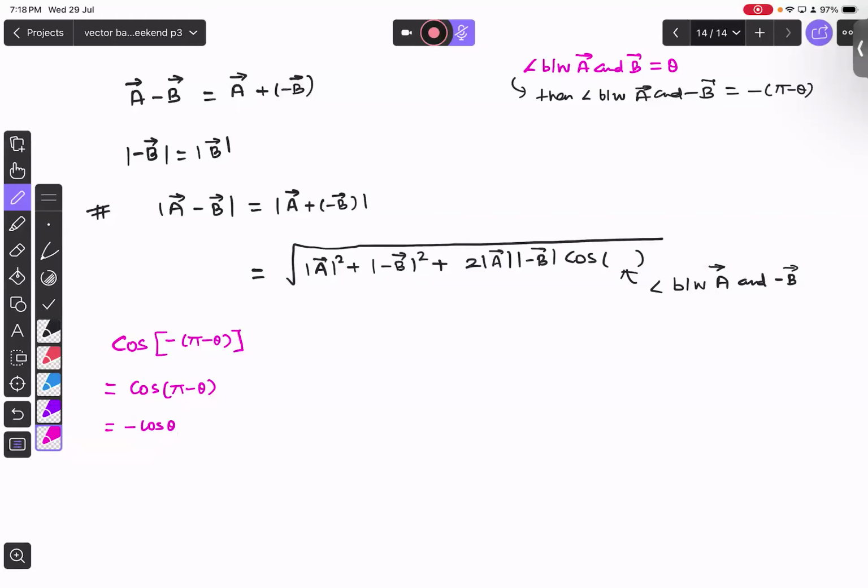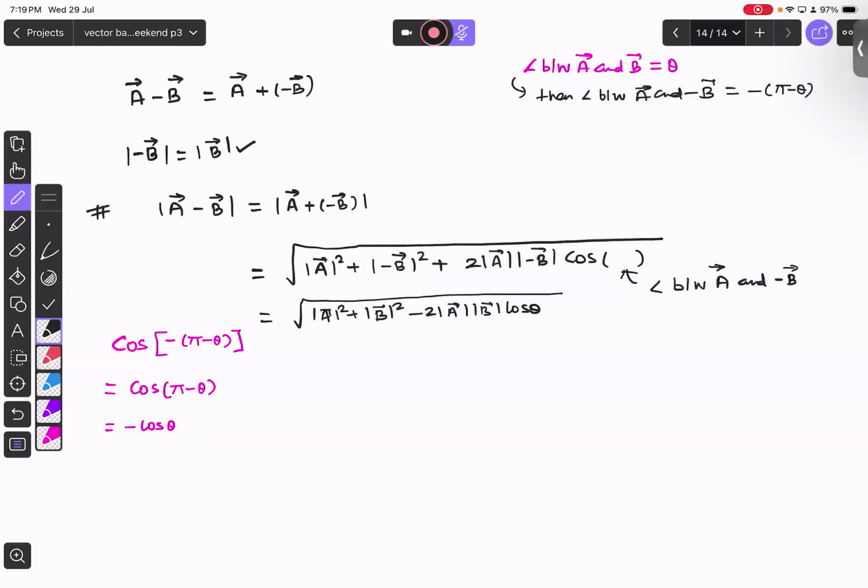So due to which this result will become, and the modulus of minus B or B, both are the same thing only. So instead of modulus of minus B, I will write modulus of B only. This will become A squared plus B squared minus 2AB cos theta.